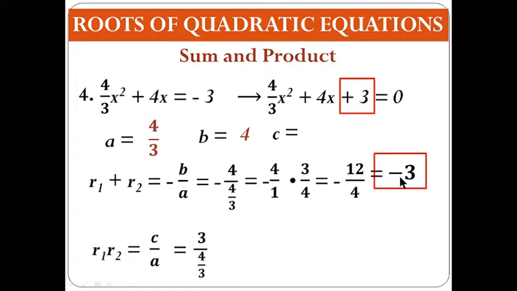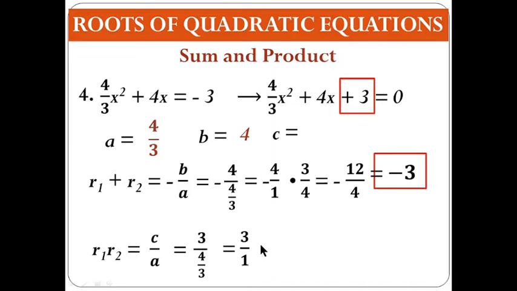For the product, yung ating C, natanggal na dito. So yung ating C is positive 3 and A is 4 over 3. Get the fraction muna. Yung ating numerator, yung denominator nito ay 1.